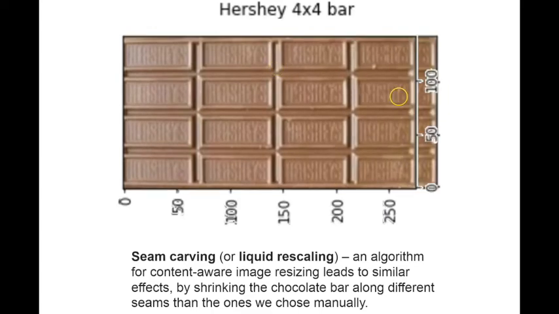So seams were removed in order to reduce the width of this chocolate, and as such, that is approximately the area that would have been occupied by one little rectangular piece.